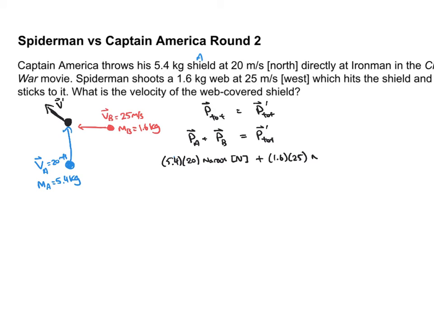Multiply those together, and that'll be in newton-seconds, but this one is west. And that's going to equal the total momentum of the resultant, which is going to be the total mass. I add those together, 5.4 kilograms plus 1.6 kilograms is 7 kilograms, times the velocity, which we have to solve for.